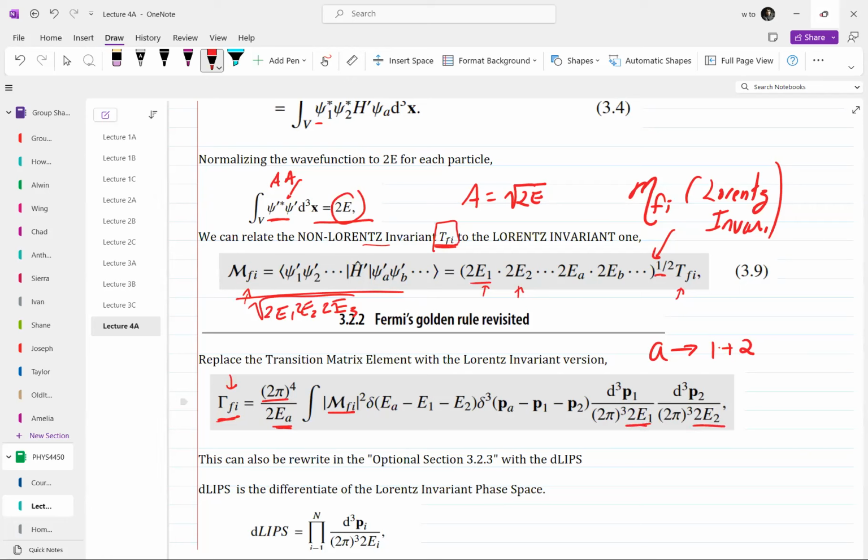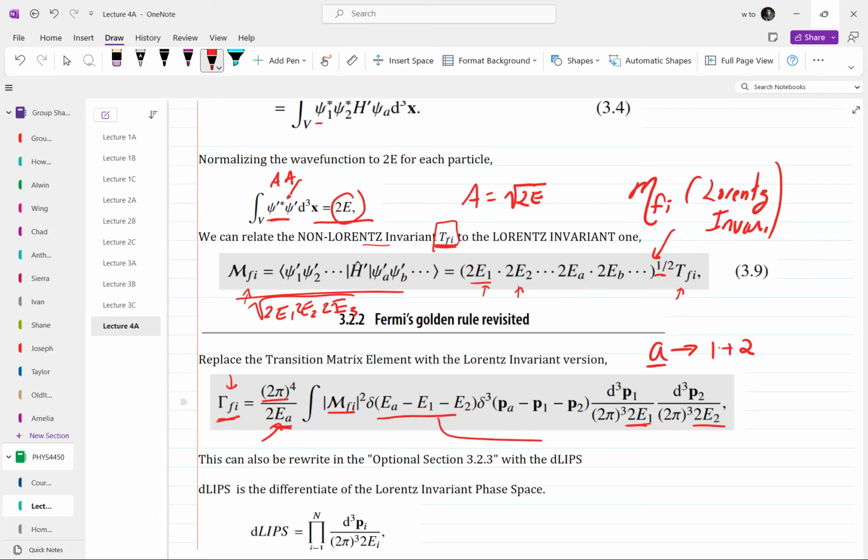All the other energies are also in the denominator. It has to stay inside the integral because we're going to have a delta function in terms of these 2 energies. EA can be pulled outside in this case because that's just going to happen to be the mass of whatever particle we're talking about. We're going to see that in a second.